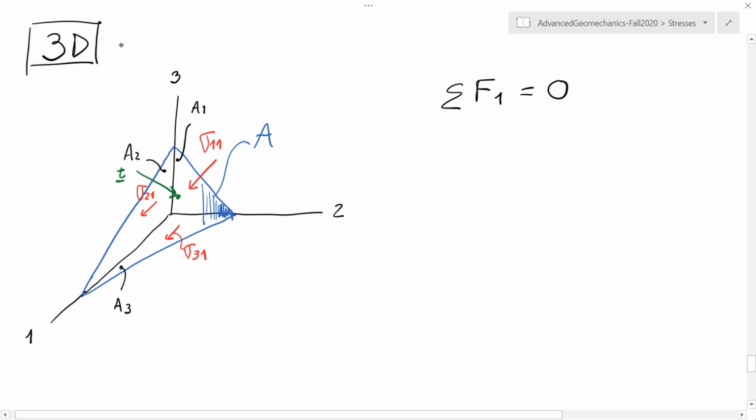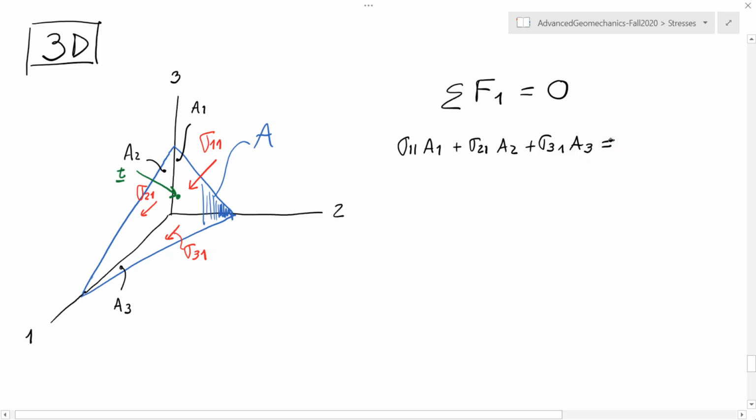The summation of forces is going to be the normal stress sigma 1 times the area 1 plus the shear stress sigma 2 times the area 2. Remember that all of these are stresses and therefore have to be multiplied by their areas.